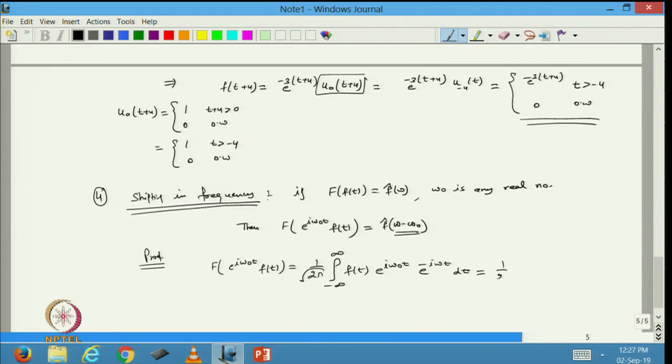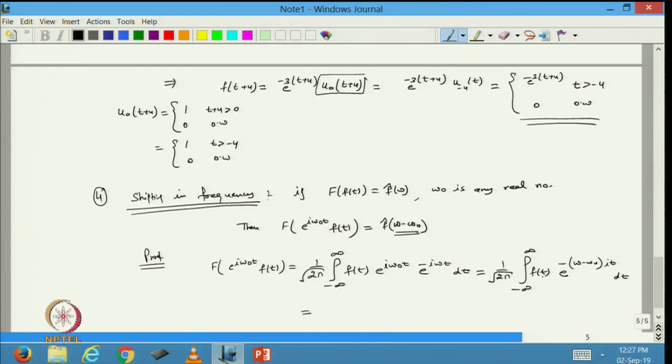From here I can write this expression from minus infinity to infinity f(t) e, and I can take i and t common. So I can write minus (omega minus omega naught) i t dt, because it will be e raised to power minus i omega t plus i omega naught t, and the negative goes inside.